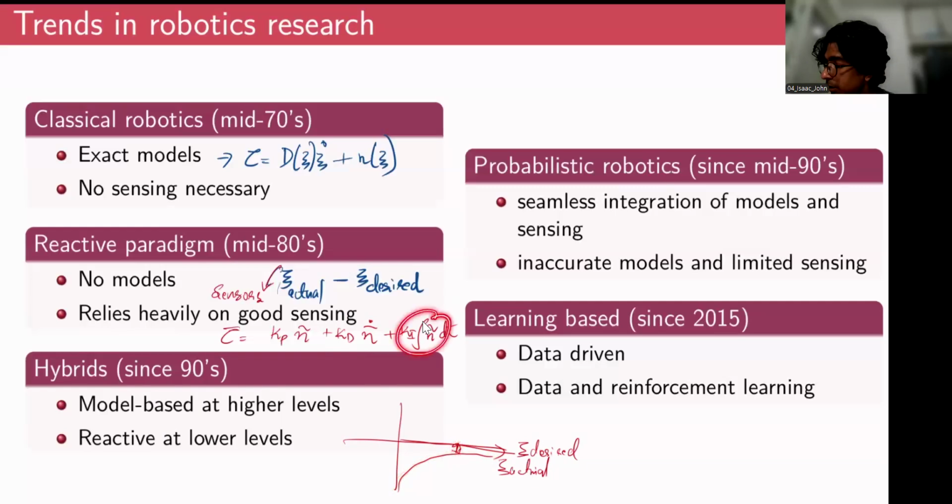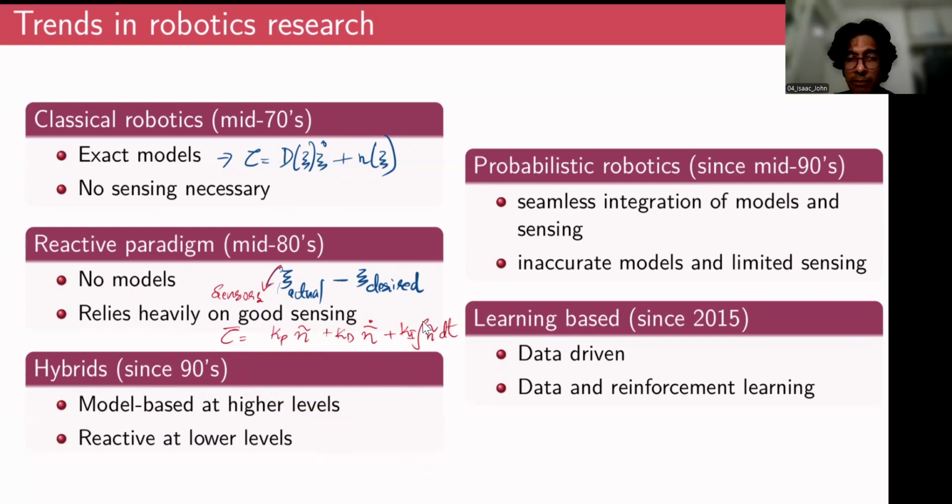But with this integral term, the steady state error can be taken into account, because it is accumulated, and an appropriate control input corresponding to this accumulated steady state error is supplied to the motors. So that's the philosophy behind this reactive paradigm, which gives a control input based on the difference between the actual and the desired trajectories.